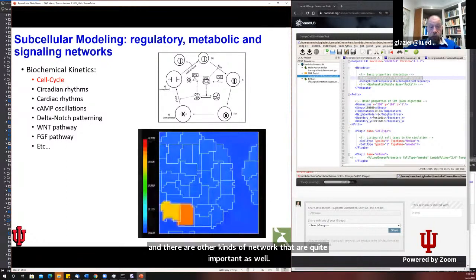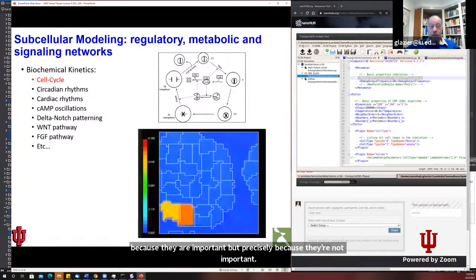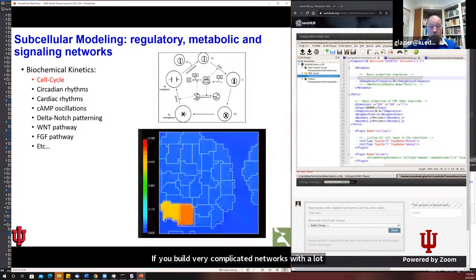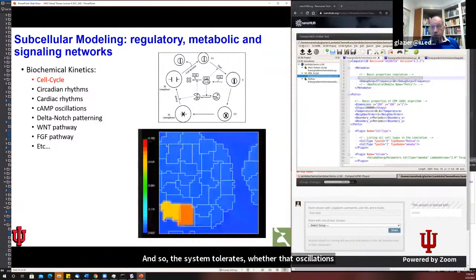Ironically, a lot of molecular species oscillate not because the oscillations are important, but precisely because they're not important. If you build very complicated networks with a lot of negative feedback, it winds up that they tend to oscillate. And in many cases, that oscillation doesn't make any difference. It doesn't do any harm. And so the system tolerates it. Whether that oscillation is functional or not isn't necessarily very well understood.